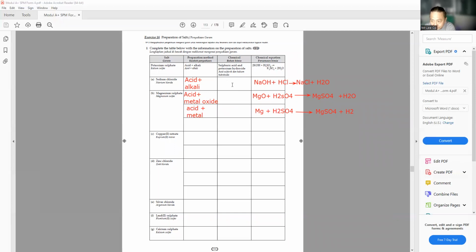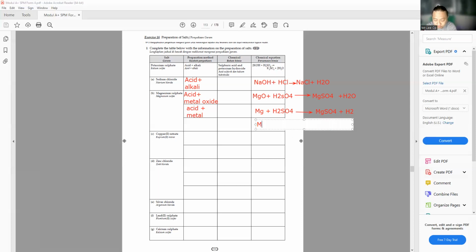All right, this one I don't write. So if I want to write, this is sodium hydroxide plus hydrochloric acid. This is magnesium oxide plus sulfuric acid. This is magnesium metal plus sulfuric acid. Give me one more. Good thing you said.